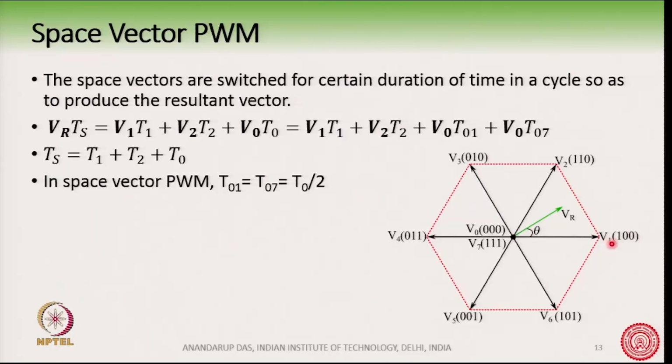So we will switch these three vectors, this one and this one, for a certain duration of time in a switching cycle Ts.